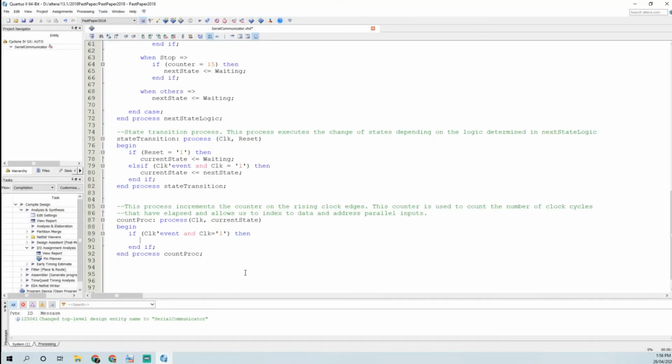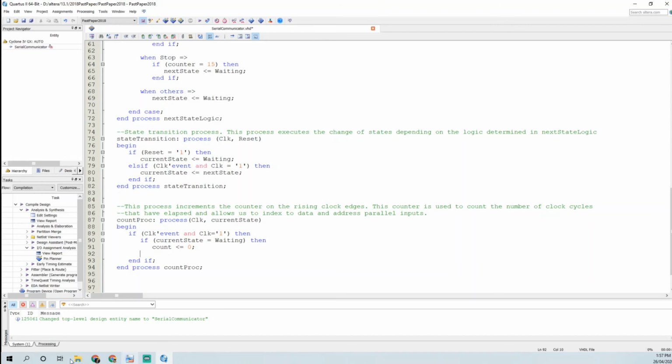So the first thing I need to do is check to see what state I'm in. All right? Because we're reading current state in this process, that's why it's in the sensitivity list. So if the current state is equal to the waiting state, then I'm going to reset my count value to 0, because remember, the counter goes from 0 to 15.